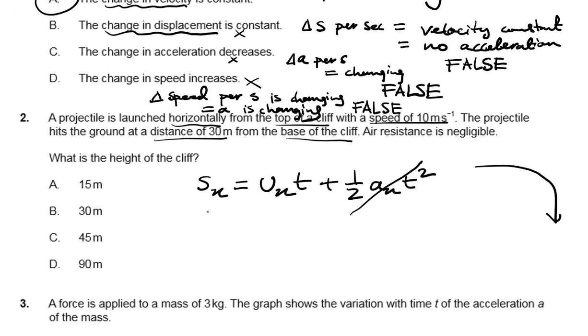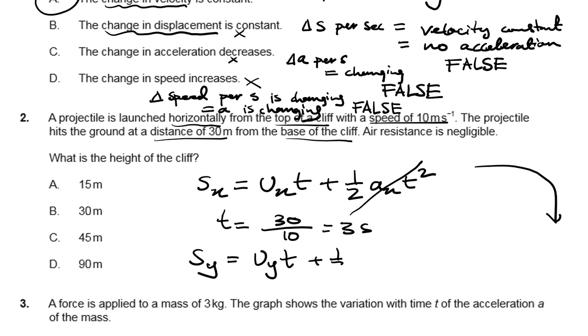And so Sx, we're trying to find t, and we know 30 over 10 meters per second is 3 seconds. So now we can easily find the height of the vertical distance, sy, traveled, and that is just uyt plus half at squared.